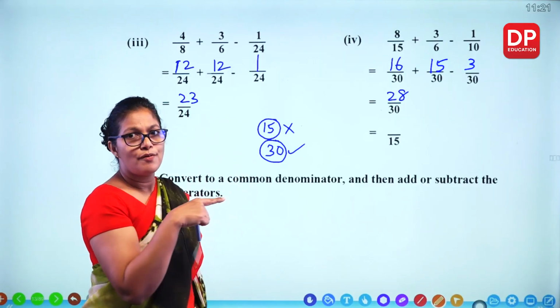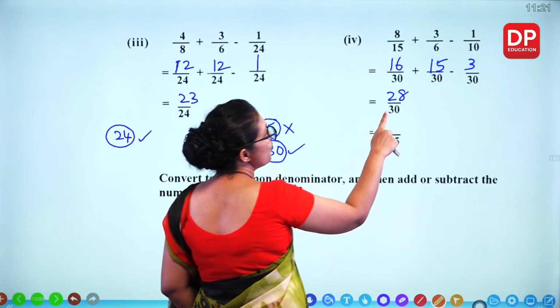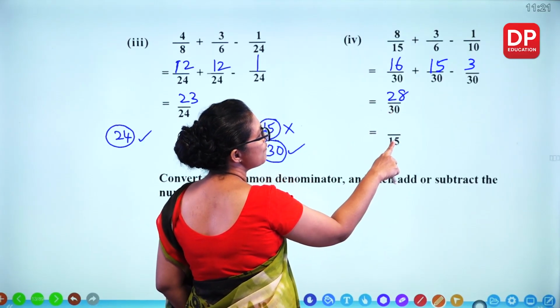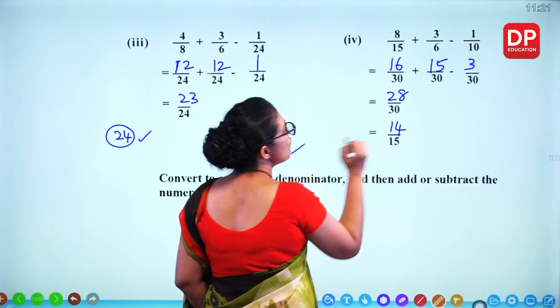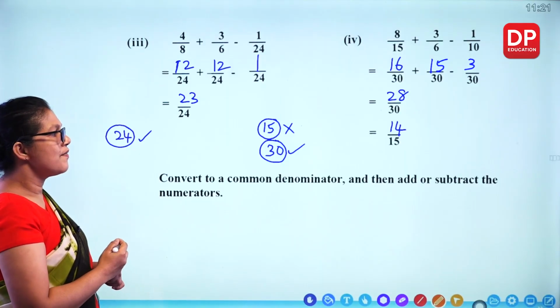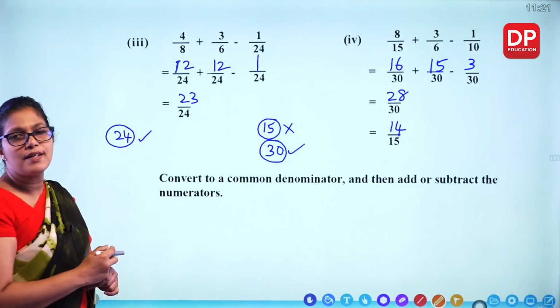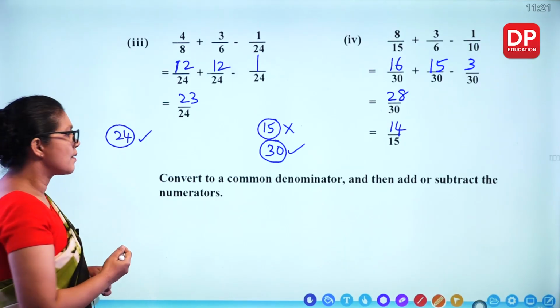Now we can simplify and write down equivalent fractions. Divide by 2, you get 15. 28 divided by 2, you get 14. So convert to a common denominator and then add or subtract the numerators when you get addition or subtraction.